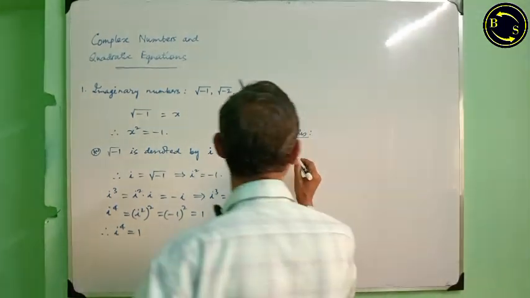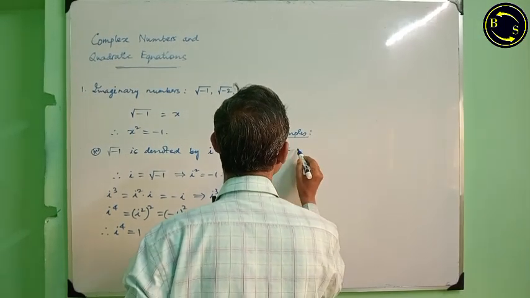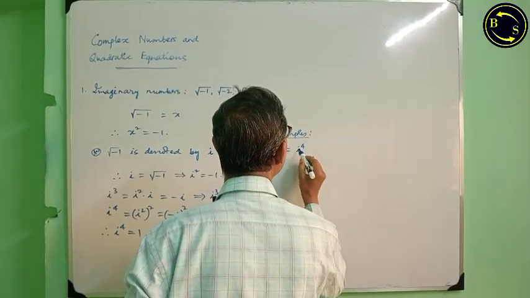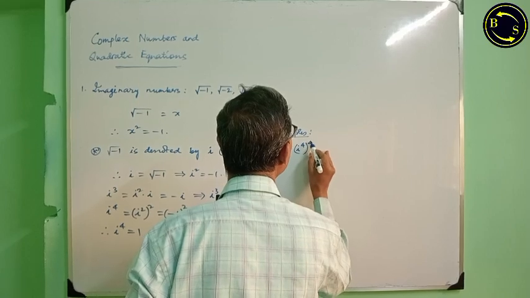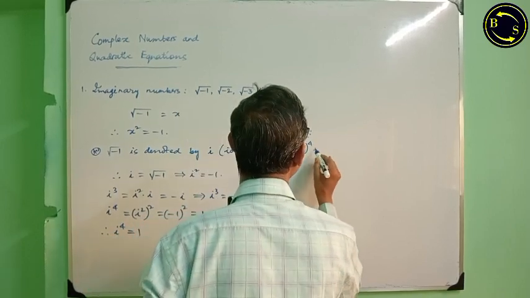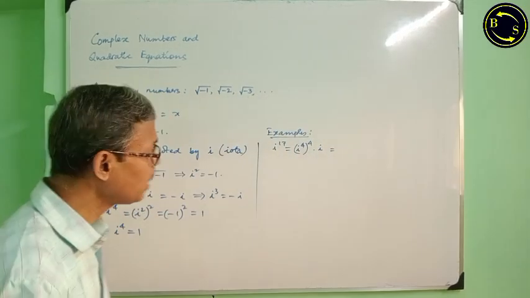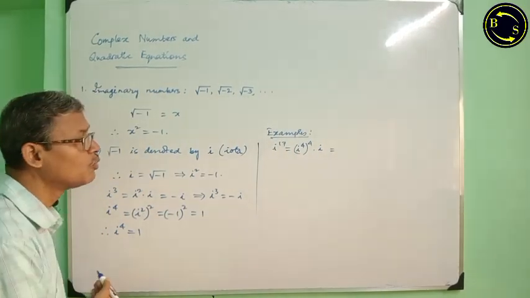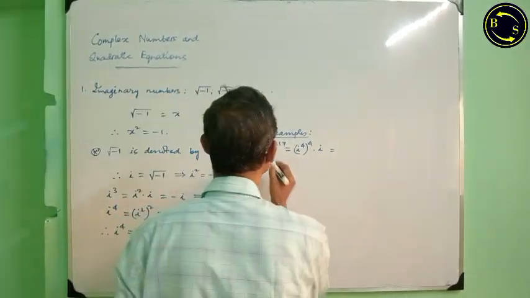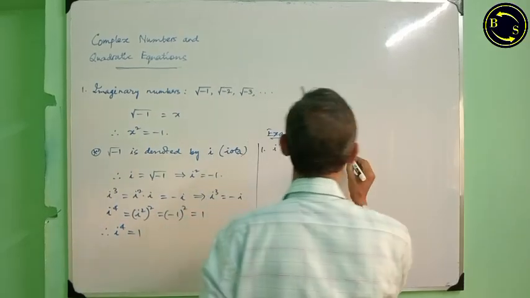I write that like this. Now already we have calculated i to the power 4 equal to 1. Therefore we can use that.